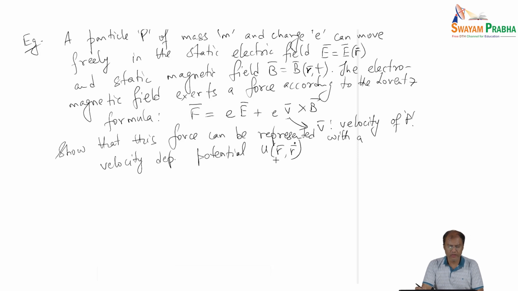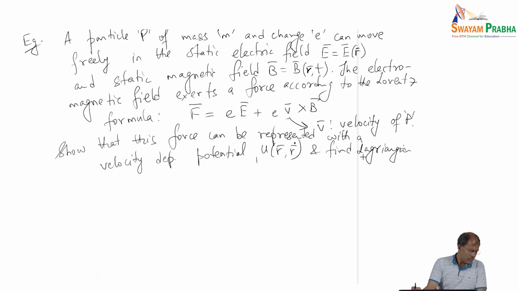So we have to find this U, okay, and find the Lagrangian of the system. That second part, finding the Lagrangian, is fairly easy, because we have to write down the kinetic energy minus U, that will be the Lagrangian.